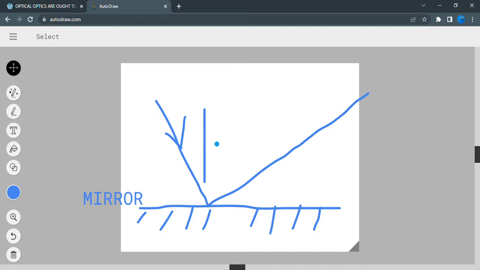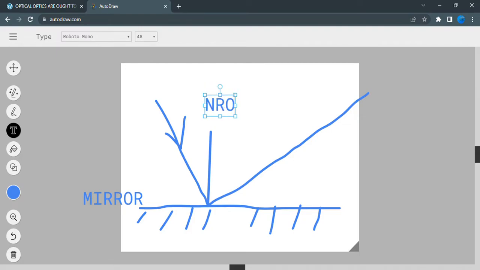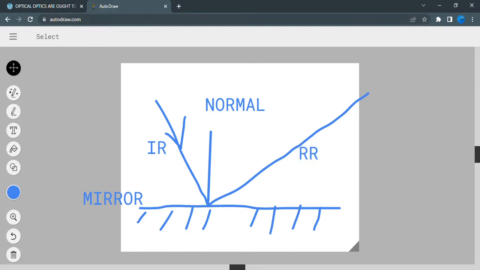We can call this the normal, or the perpendicular to the mirror. This is the normal. This is the incident ray, or the ray which hits the reflective surface. This is the reflected ray, which bounces back after reflection.